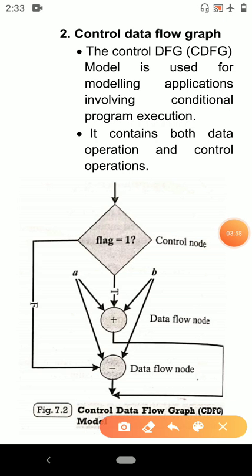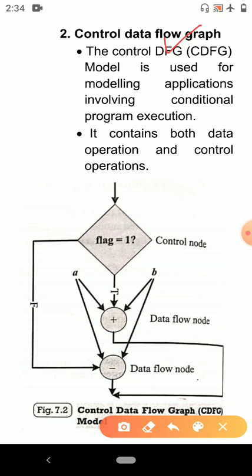Next, the second one, control data flow graph, CDFG. The control DFG model is used for modeling applications involving conditional program execution. CDFG models contain both data operations and control operations.